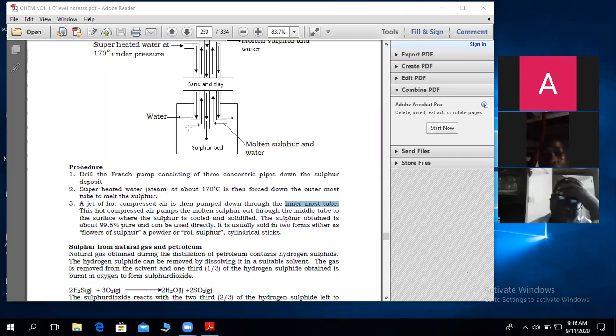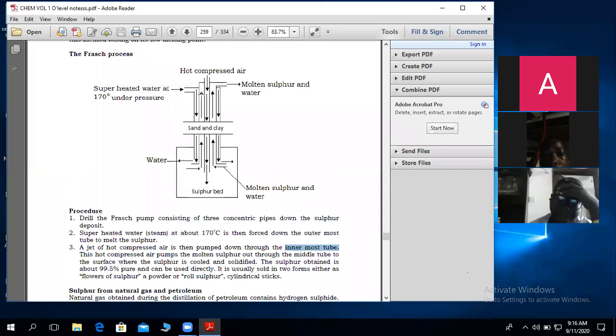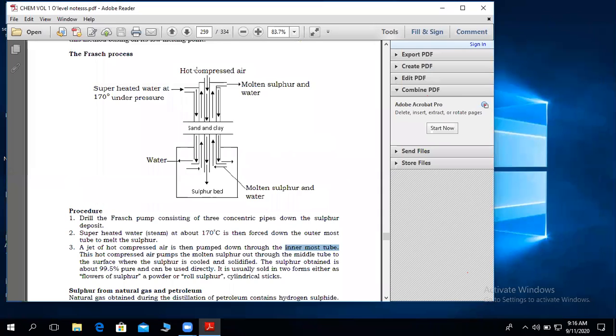Then after that, the hot compressed air is forced down into the sulfur bed using the innermost pipe, and the melted sulfur comes out through the middle pipe.